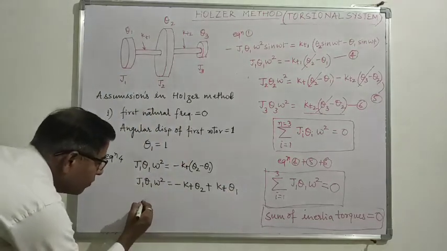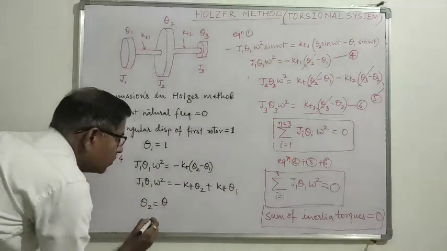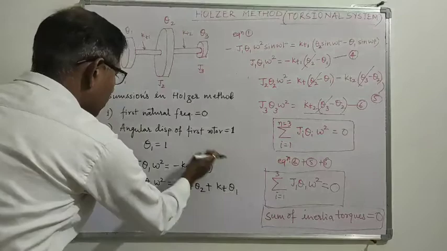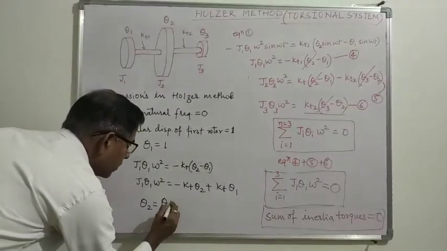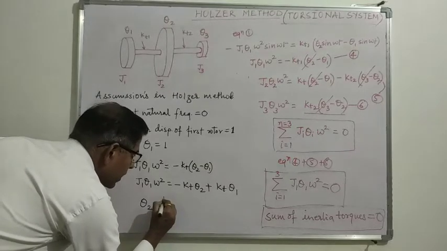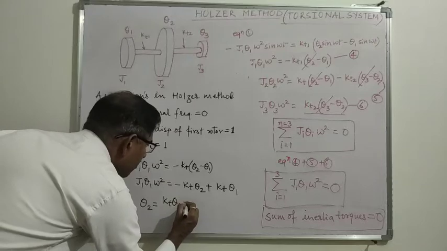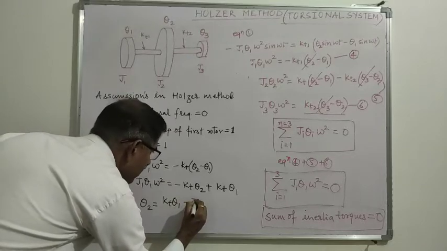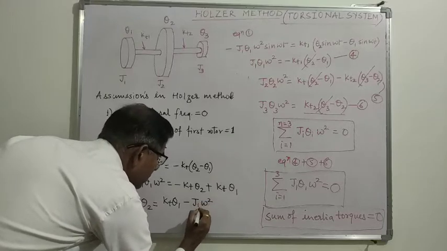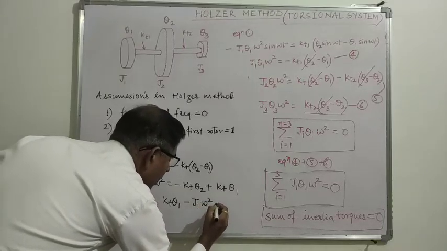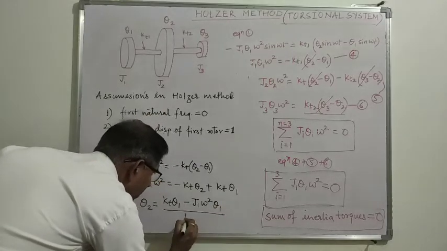Theta 2 is equal to kt theta 1 minus J1 omega square into theta 1, divided by kt.